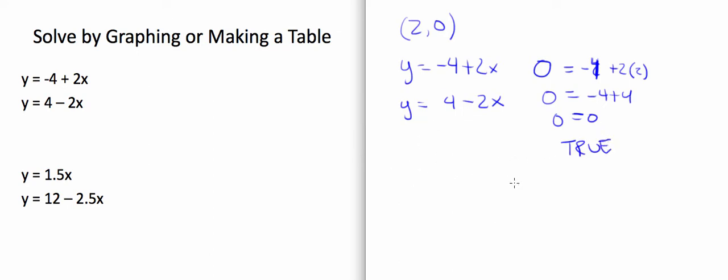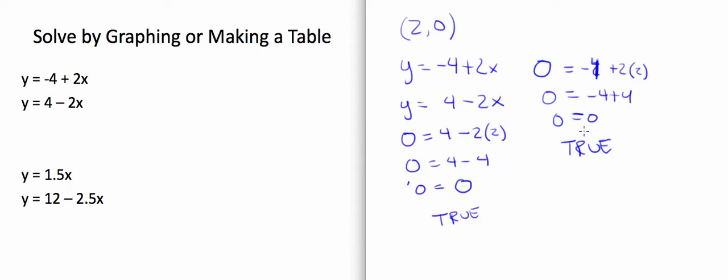On the other one, we have 0 is equal to 4 minus 2 times 2, so 0 is equal to 4 minus 4, so 0 equals 0. And that's also a true statement.